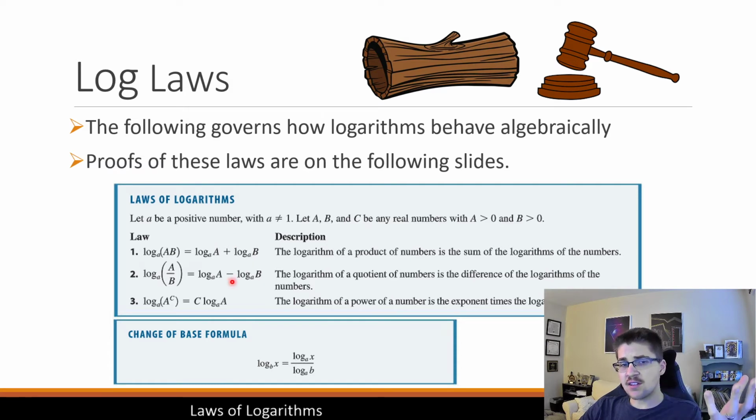In all of these log laws, the base a of the logarithms could be anything. The lowercase a, just think of it as, these log laws work for any base. And as long as the base is consistent, what it's saying is if I add up two logarithms, that's always equivalent to the product of those two inputs multiplied together.